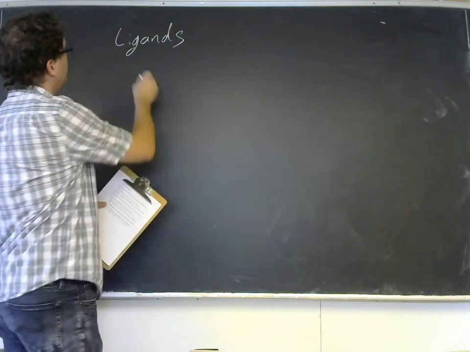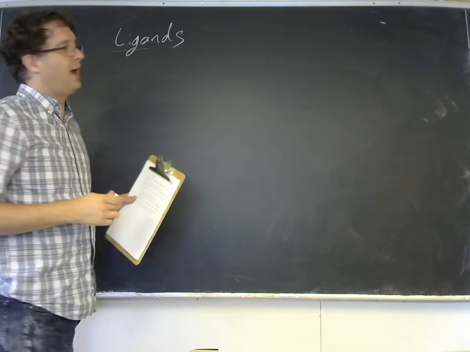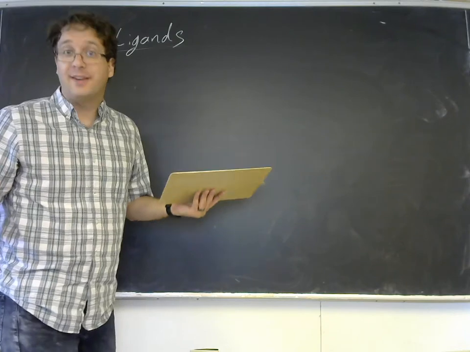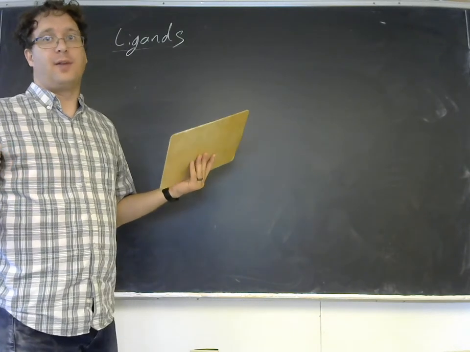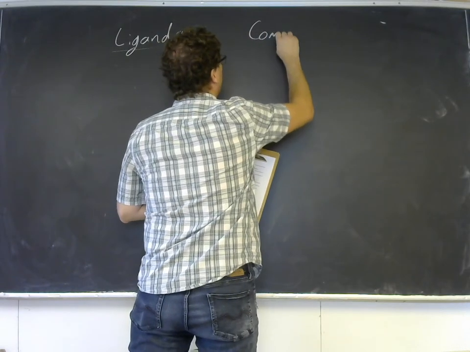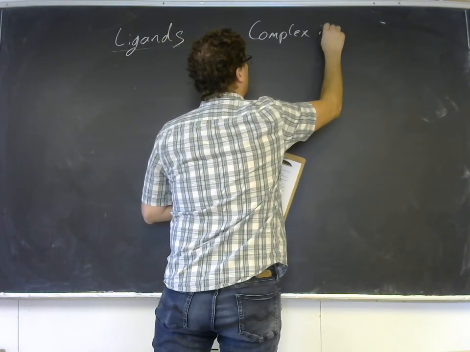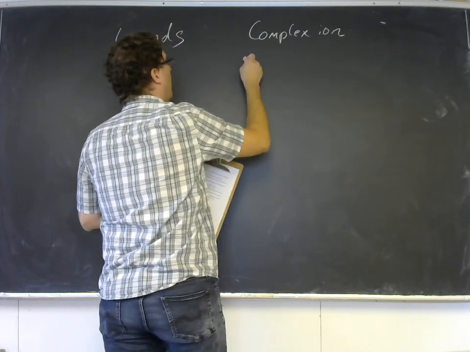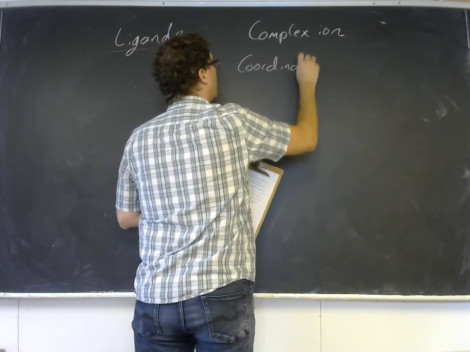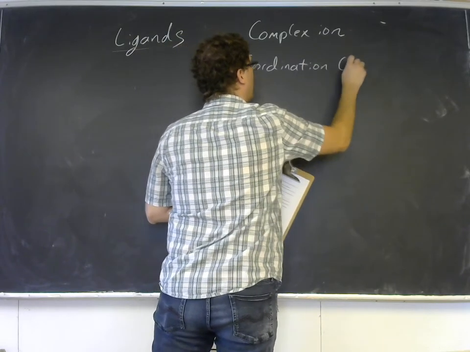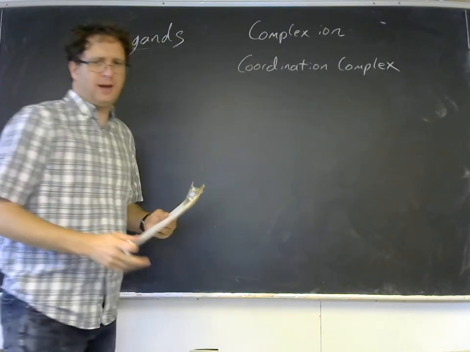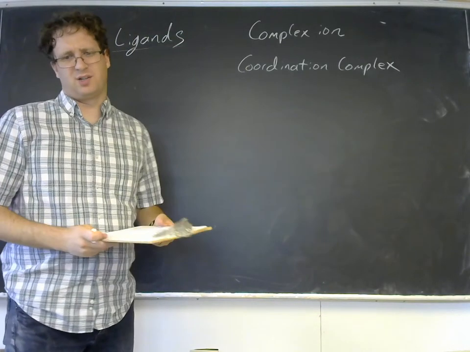Okay, and we call the new small molecules or ions that act as Lewis bases ligands, and we will call the Lewis adduct, or in other words the product of these reactions, if they are charged, a complex ion, or if they aren't, we could call them a coordination complex, or just a coordination compound.